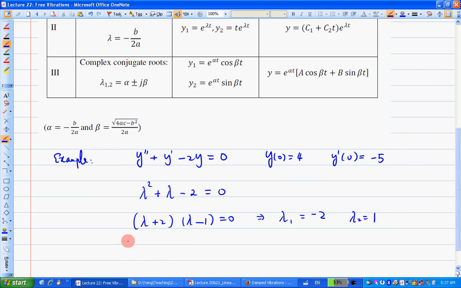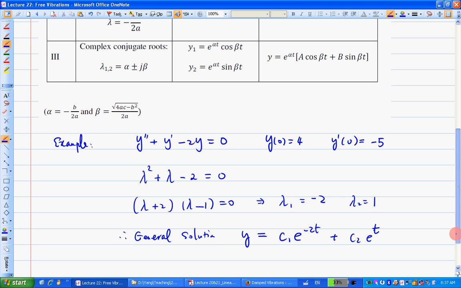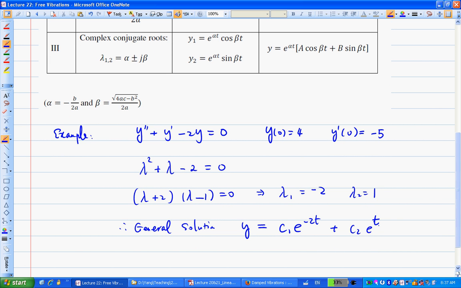Then my general solution, you don't have to write every time, is y equal to c1 e to the lambda 1 t, where lambda 1 is -2, plus c2 e to the lambda 2 t, where lambda 2 is 1, so it's e to the t here. It's very straightforward.